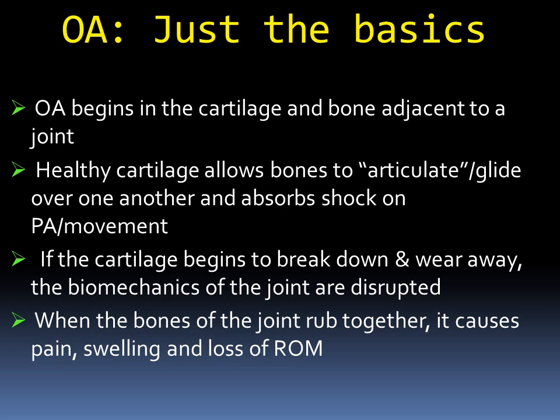They actually become very bow-legged. They waddle when they walk or wobble side to side because the integrity of the joint is no longer there. And as the bones continue to rub, there's pain in the area, there's swelling in the area, there's loss of range of motion, and therefore a loss of function.